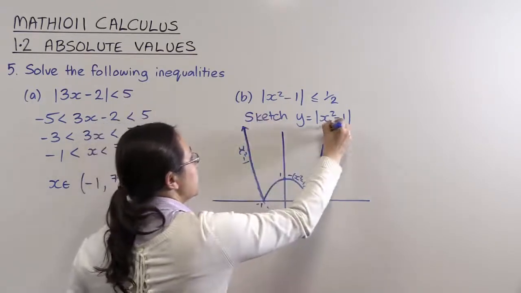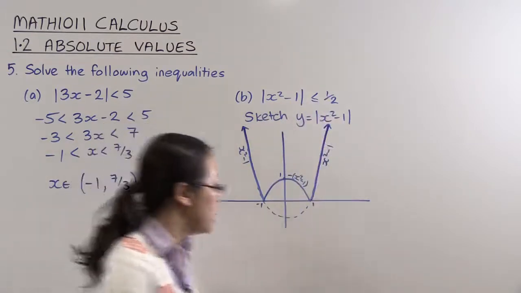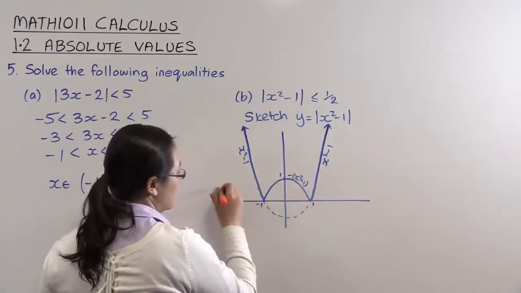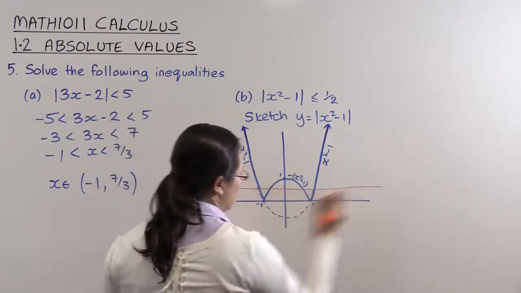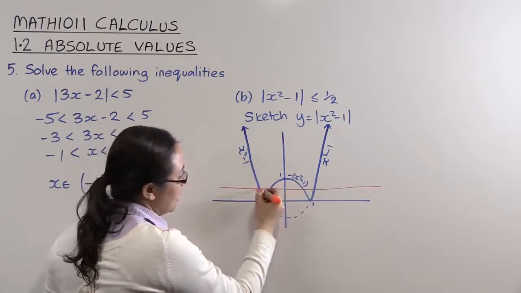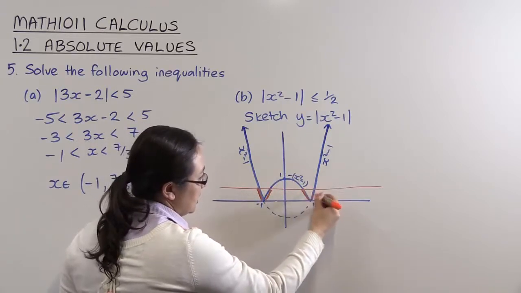We're asking when is that y value less than or equal to a half? Well, here's a half. So we can see that the graph is less than a half in here and in here.